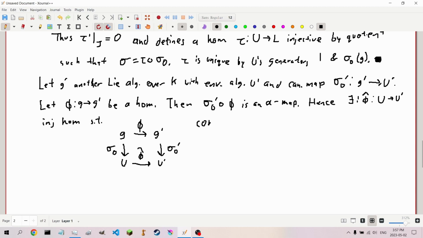That diagram commutes. And this homomorphism, that is phi hat, maps elements of U with constant term 0, which I believe was U plus, right?